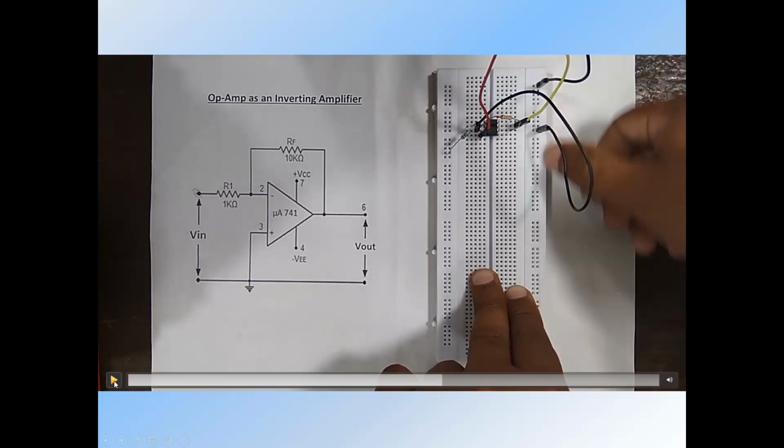All the connections related to ground will be connected to this track. All the connections like ground of input signal, ground of DSO, ground of IC and ground of DC power supply will be connected to this ground terminal.